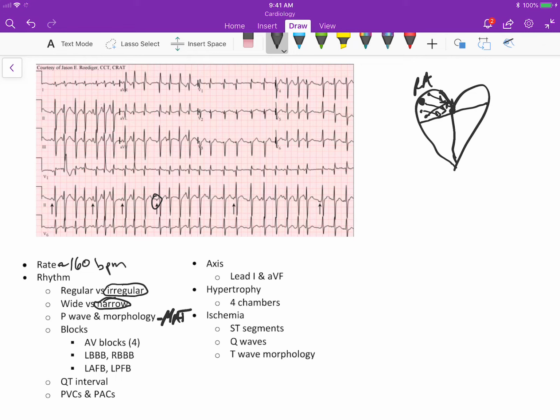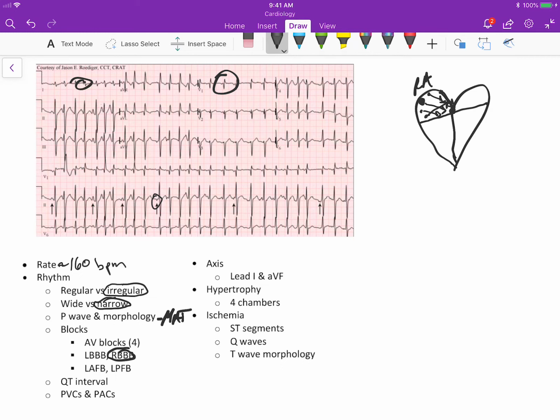Okay, so anyways, moving on to blocks. So right bundle, I do see a right bundle branch block in lead V1. Okay, let's look for our left bundle. Don't see that. We look at lead V5, V6. Typically, you would expect a wide QRS. I'm not seeing that. Q waves in lead 1 and S in lead 3.